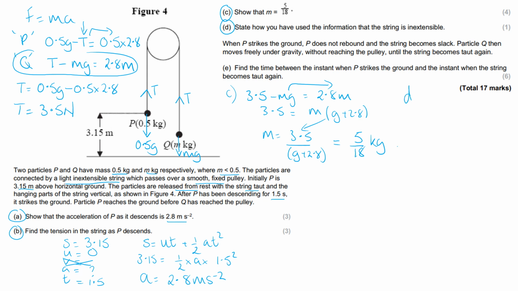Part D. State how you use the information that the string is inextensible. Both particles have the same acceleration. from rest, so from the beginning of when the system is released.